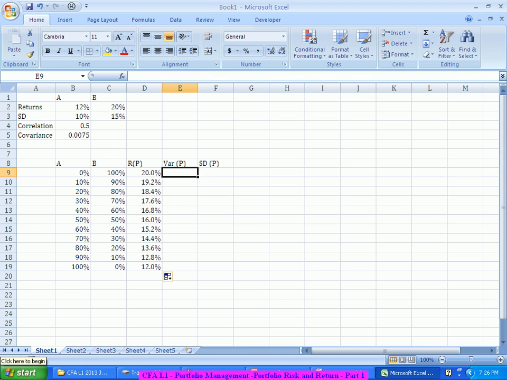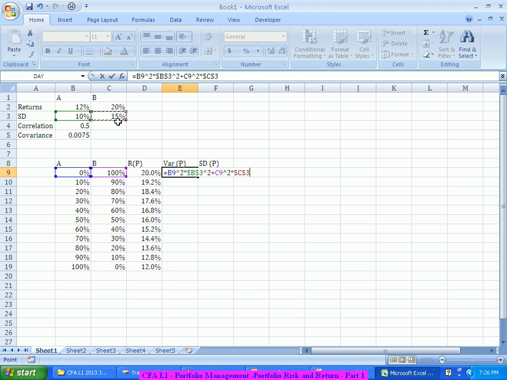For the time being, we'll compute the variance using our formula: W1 squared sigma 1 squared plus W2 squared sigma 2 squared plus 2 W1 W2 correlation into sigma 1 into sigma 2.